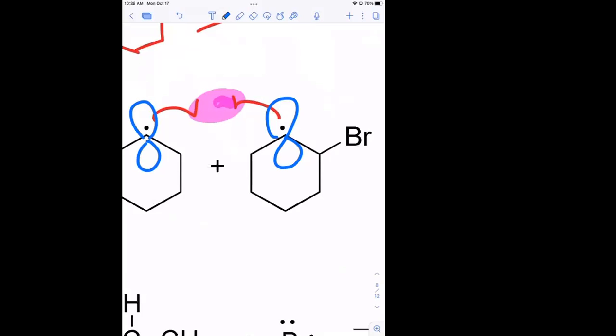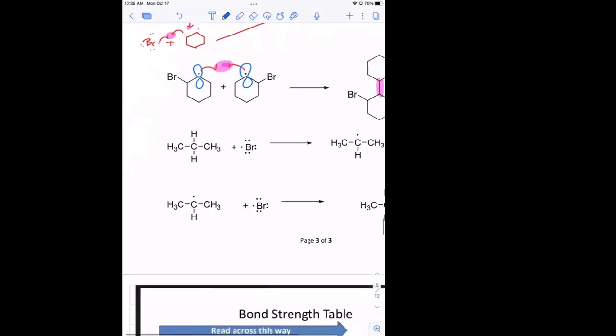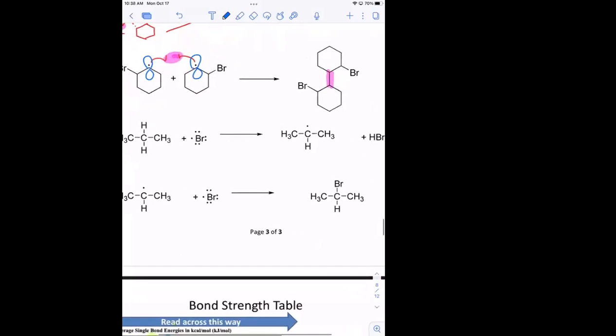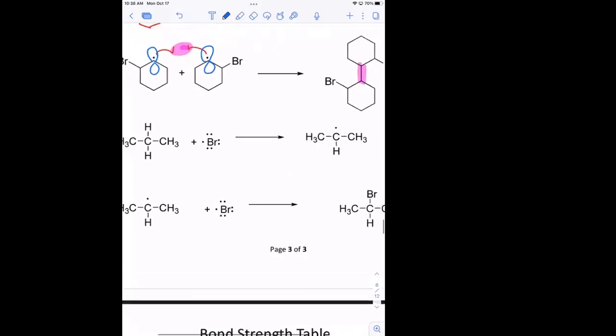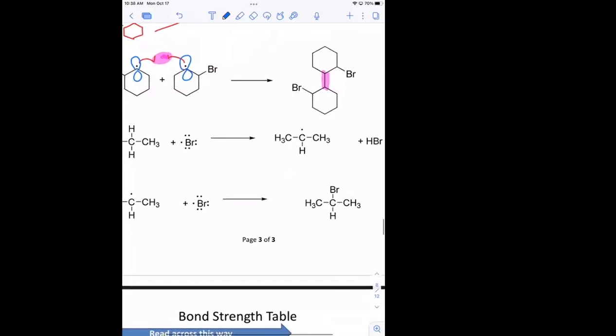All right. Let's go to here. So these are very important reactions, and I'm going to explain why once we go through them. So what happened? You substituted, you switched them out. You took the single electron from bromine and replaced it with the hydrogen that's on top of the carbon. Okay.